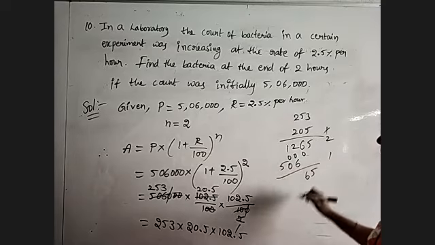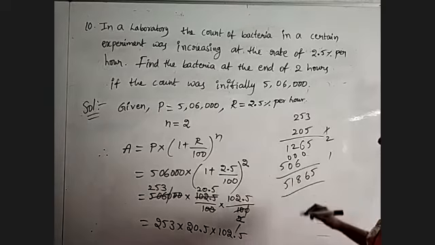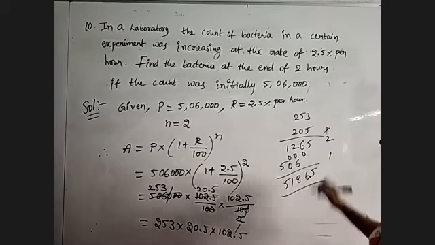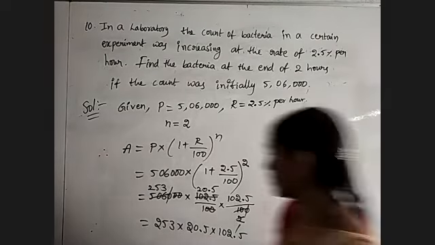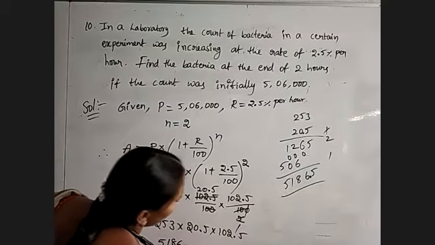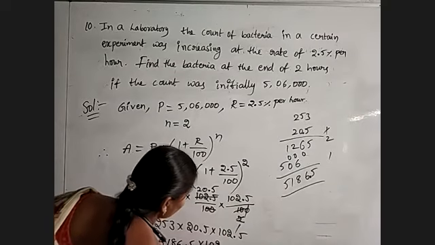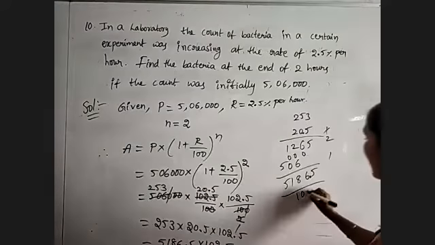So we get 5,186.5, because here we have 20.5. Which is equal to 5,186.5 into 102.5, so again multiply with 102.5.